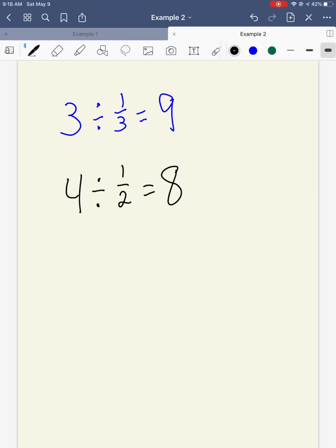So if you haven't noticed a pattern, take a look now. Do you see a connection with the numbers? Do you see how they're related? Maybe think about multiplying fractions and what we did there, and it's kind of similar to what's going on with dividing with fractions.